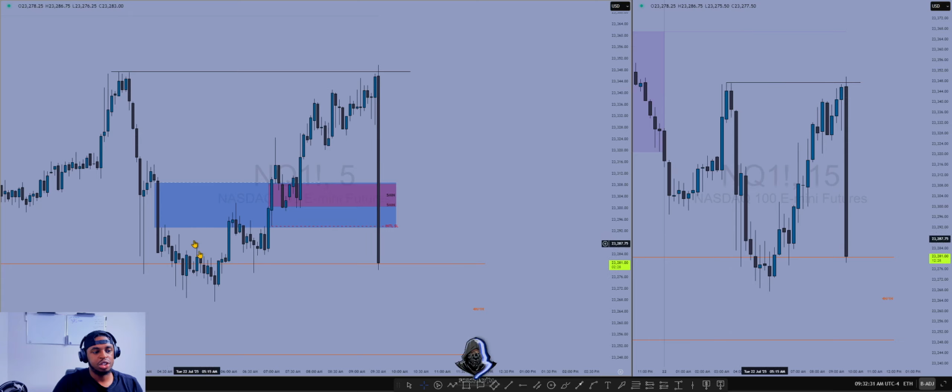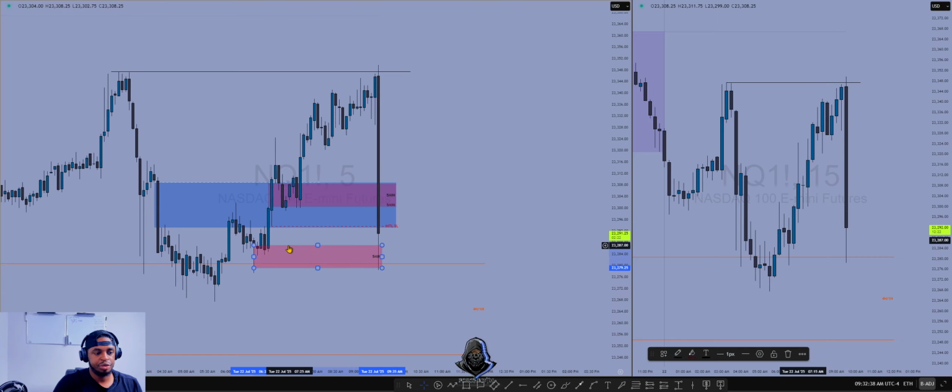So we're inside of this range, and price is staying inside of this range. Oh, this is that other one I was telling you about here.